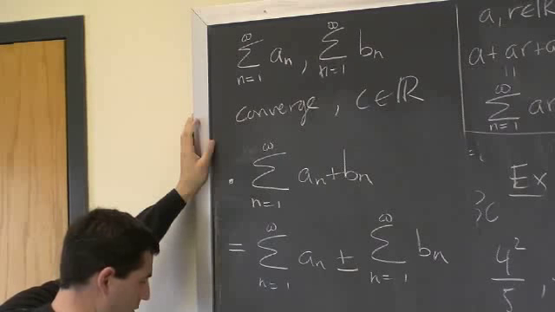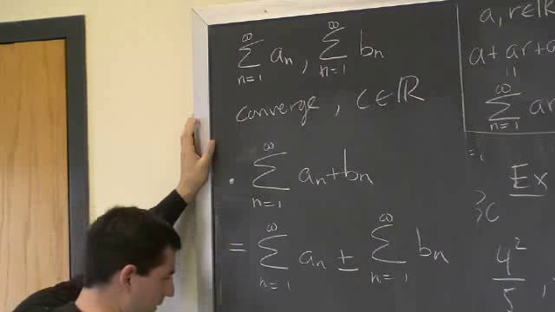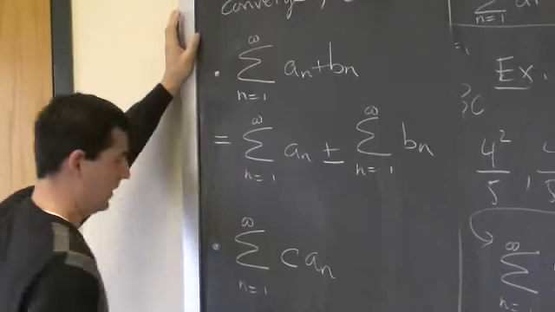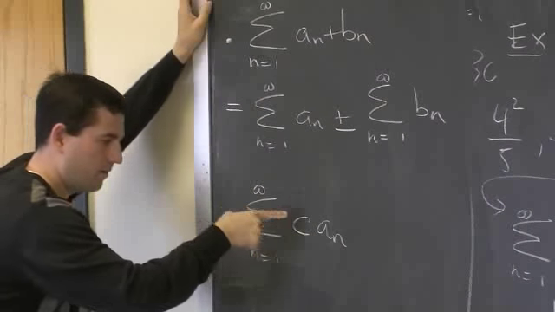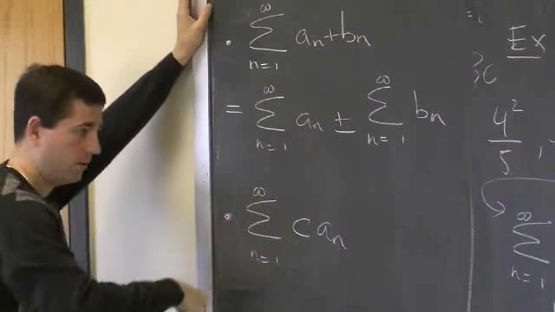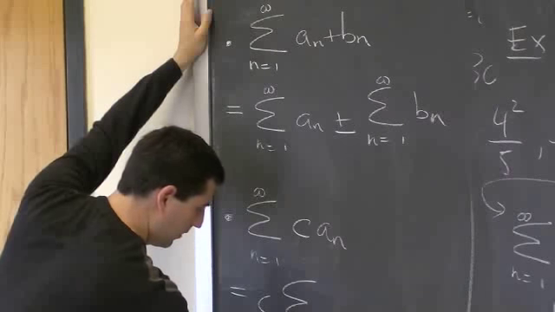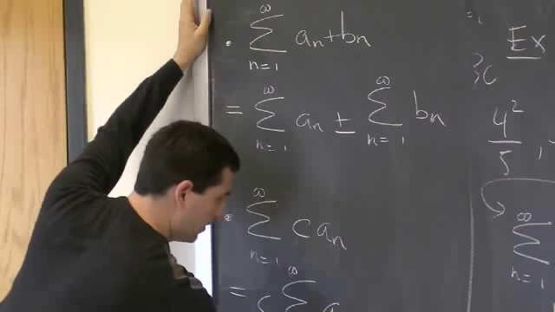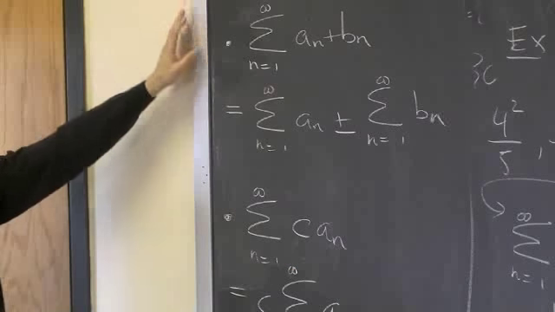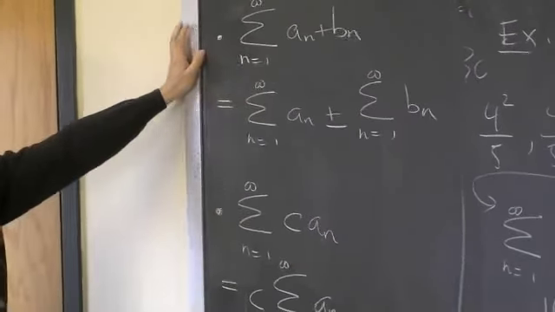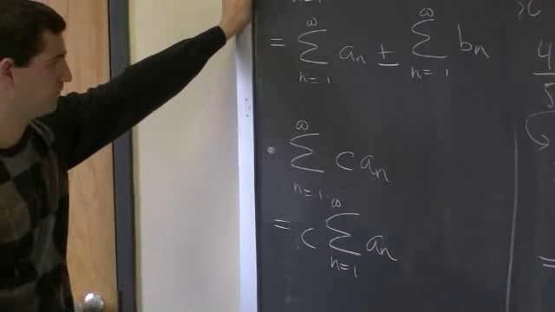And then the same thing is going to work if I pull out a constant. If I multiply my sequence by a constant, and then I look at the series, it's the same thing as if I first sum the series and then multiply by the constant. So I can do what I want to do with these things.